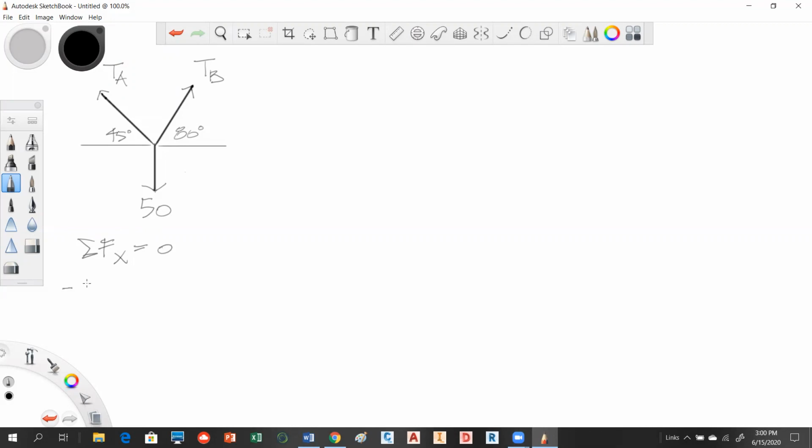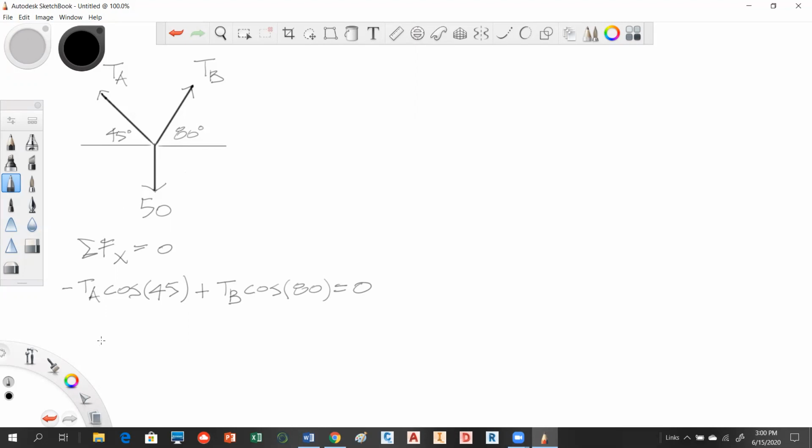So in the X I have minus tension A times its component cosine 45 plus tension B cosine 80 has to equal 0. And the 50 doesn't come into play because he has no vertical component or horizontal component.